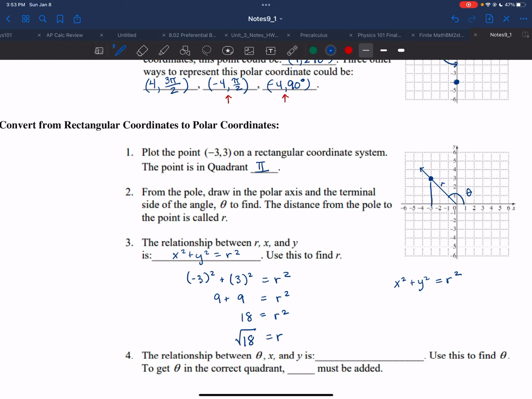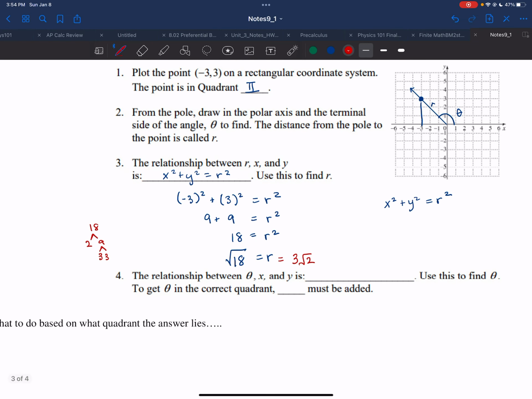Now, I don't know how people taught you to see if you can pull any numbers out of a root, but I've always done a factor tree. So if I have 18, I can divide that into 2 times 9, and then that 9 is 3 times 3. So I would probably rewrite this as 3 root 2 as my answer. The relationship between theta, x, and y, we talked about that already also.